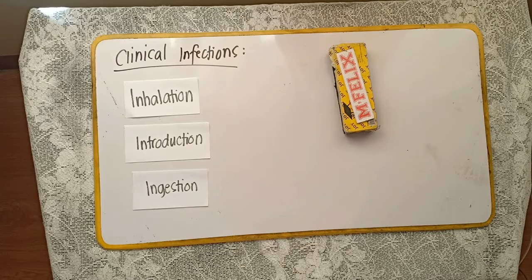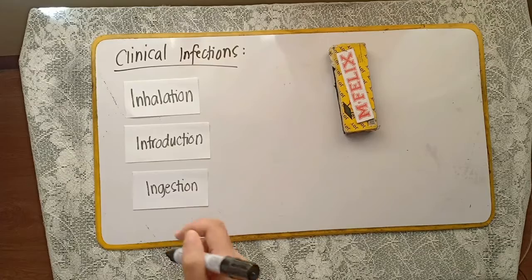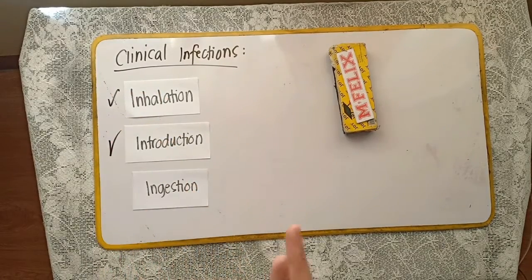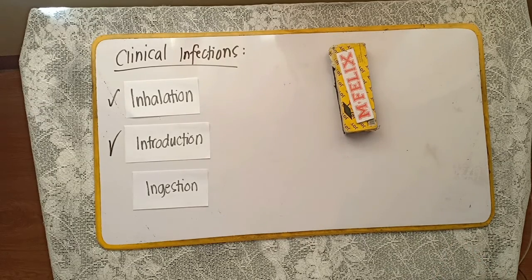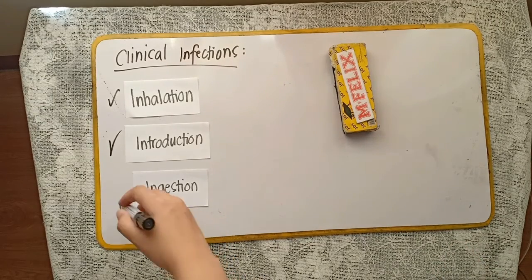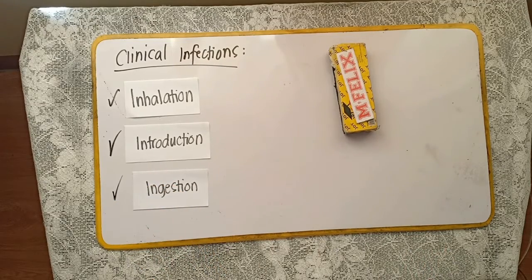Originally, these are animal pathogens, especially of goats, sheep, cattle, horses, and so on. It can also be acquired through traumatic introduction of the spores through broken skin or mucous membrane. Or it can be acquired through ingestion of food contaminated with the spores, because, as we said, it comes from animals, from animal products themselves.